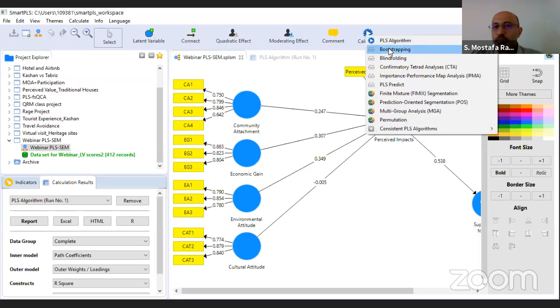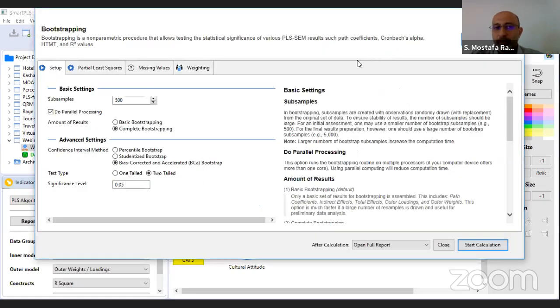I only put 500, but for an actual study you can put 5,000. Here you can get percentile bootstrap, but here I want to get bias corrected confidence interval. So click on this option.